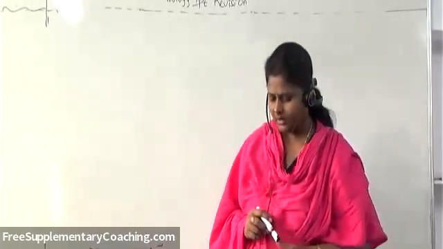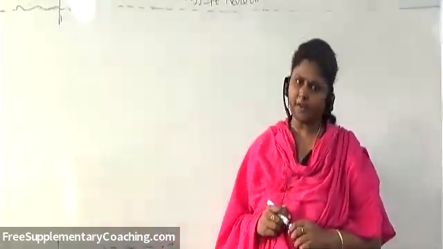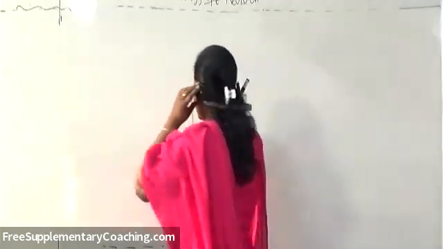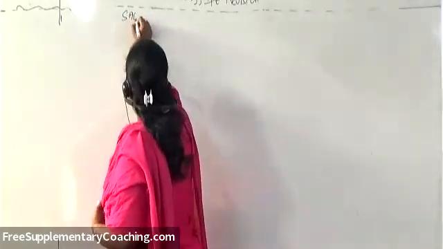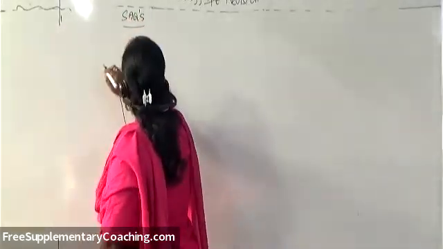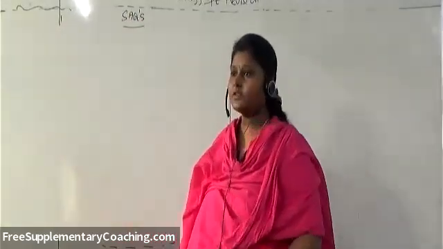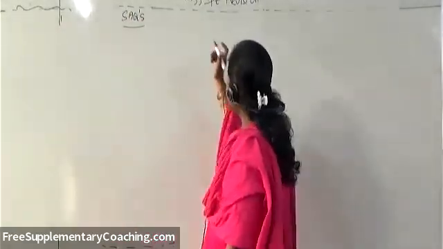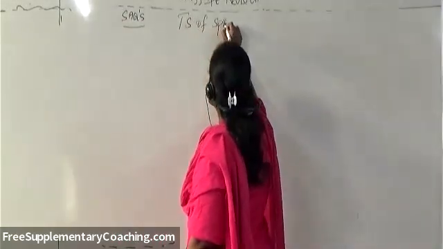In that, first let us go with the diagram of spinal cord, the transverse section of spinal cord. These are important SAQs from neural control and coordination and the musculoskeletal system. First one, TS of spinal cord.